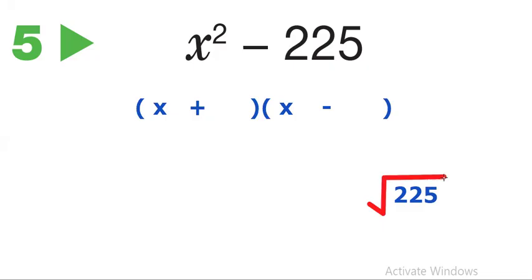That's why I'm using the square root, and it will help me find the answer for the question. So basically, I go to the calculator, square root of 225, and I will get 15. So the answer is 15. So the same numbers that I'm going to use are 15 and 15. Now I just write them here, 15 here and 15 here.